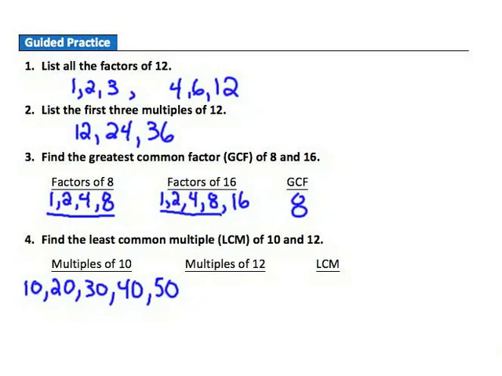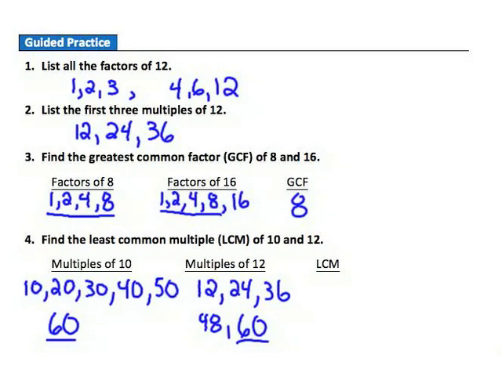So multiples of 12. 12 times 2 is 24, then 36, and then 12 times 4 is 48, and 12 times 5 is 60. So it looks like if we go back over to 10 and list one more multiple of 10, which is 60, that is the first multiple that they have in common. So that is going to be the least common multiple of these two numbers.